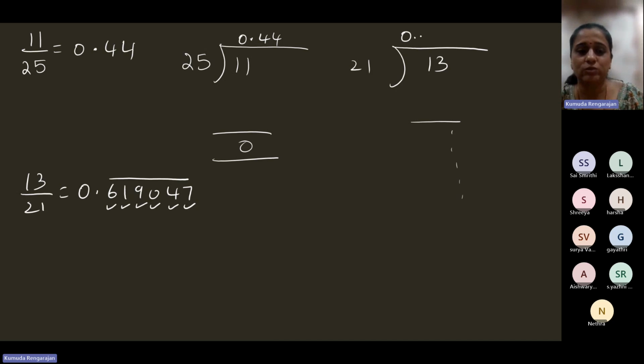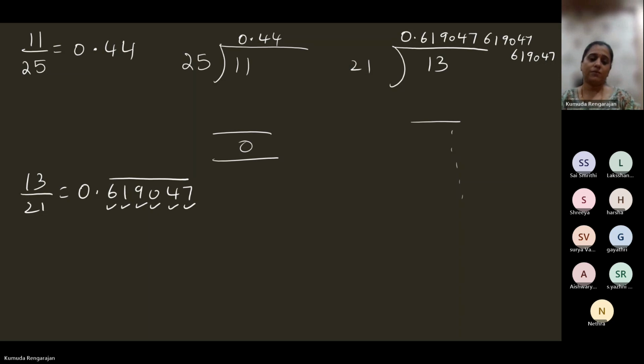The quotient will look like 0.619047, again 619047, again 619047, and goes on endlessly. The division will not come to an end with a zero remainder.